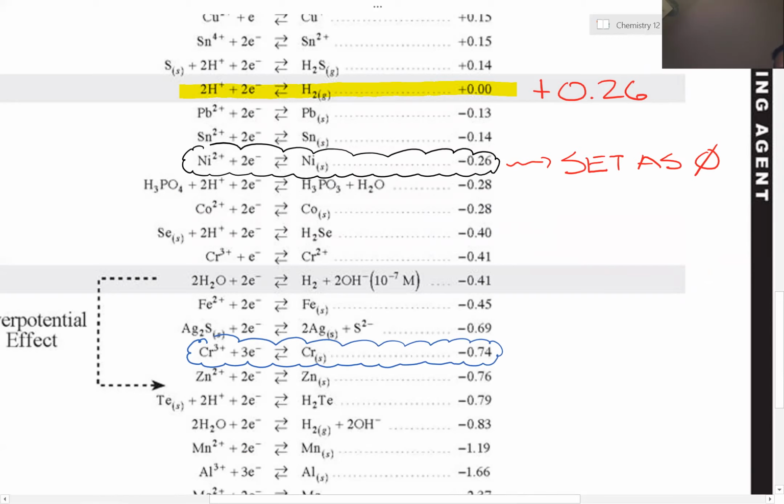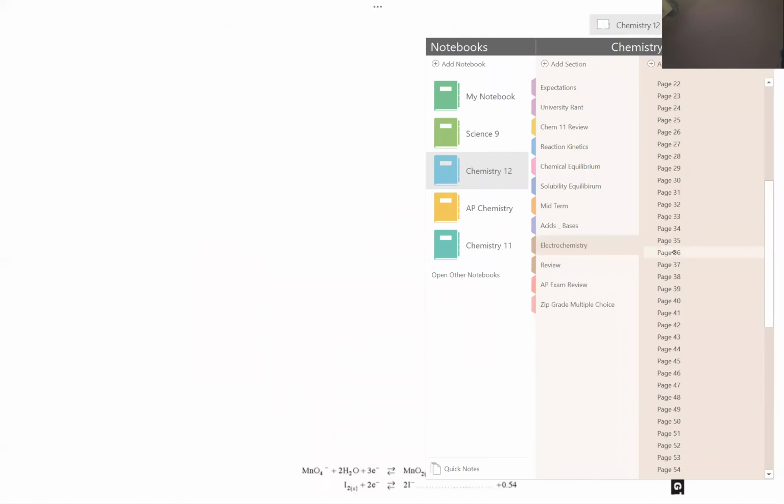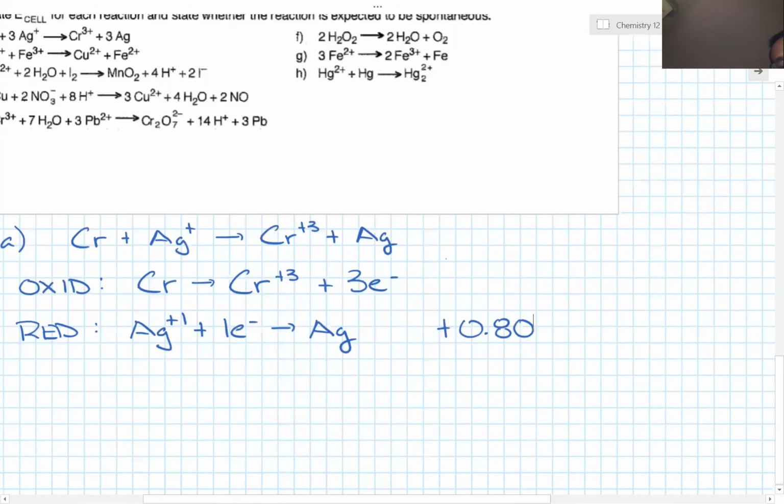Since we have the oxidation, we need to flip the sign, so 0.74. You flip that sign.